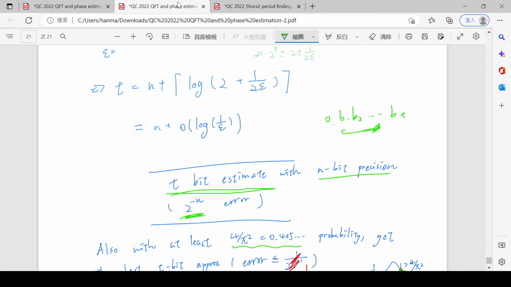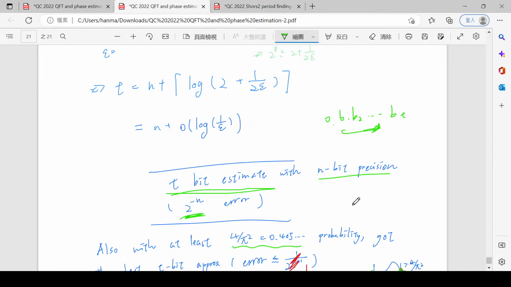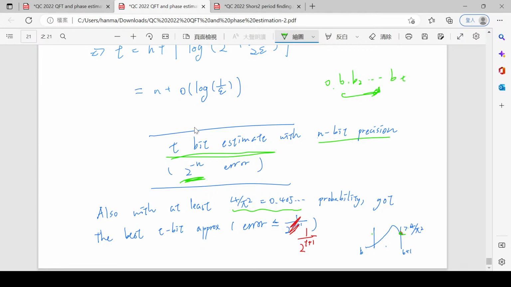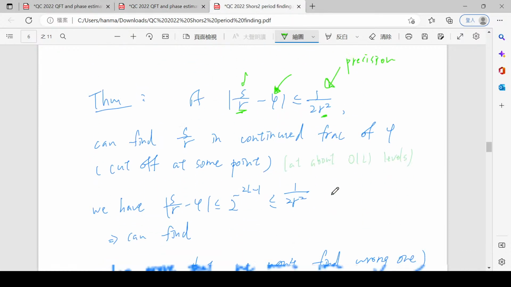So we just need this 1/2R squared equal to our 2 to the minus n, or in terms of e, then it's e times 2 to the minus t.